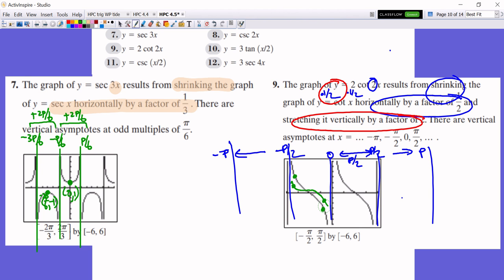So imagine pinching these green dots until they become the red. Okay, if you can somehow visualize that. Pinching those green dots and stretching it vertically to make the red, so that it moves to become the red dots. Okay, and that's essentially what stretching it vertically by a factor of 2 is.